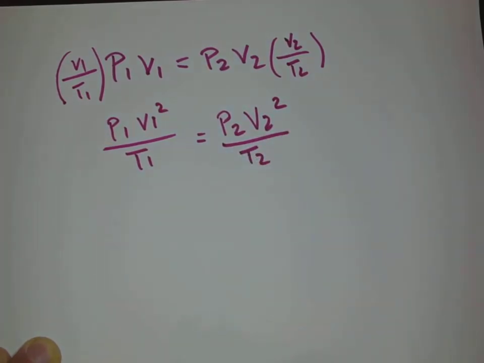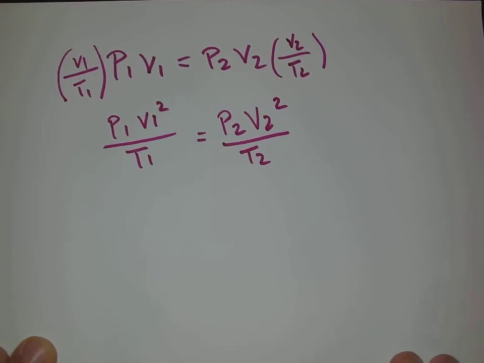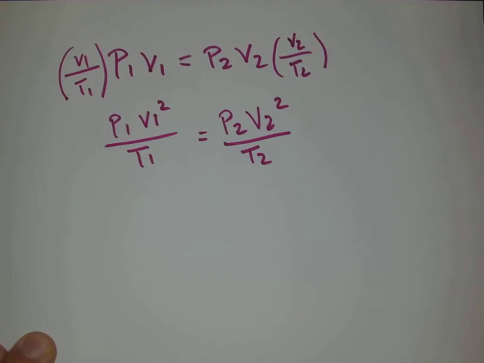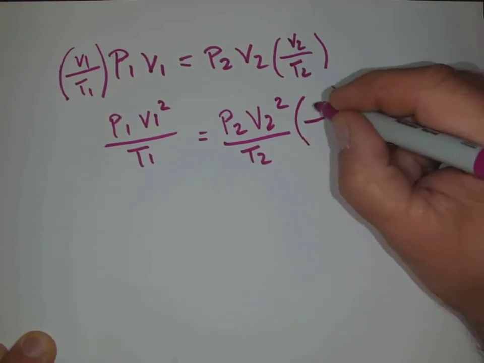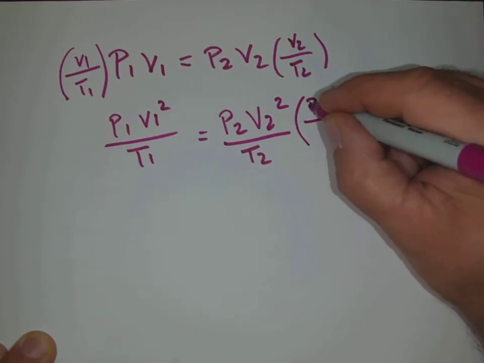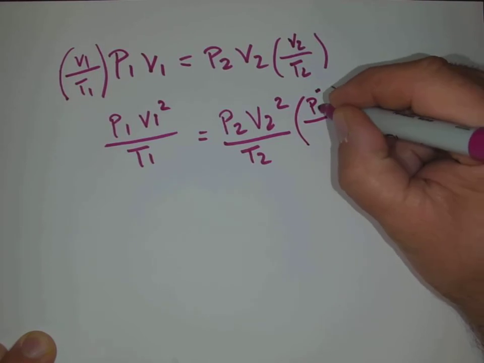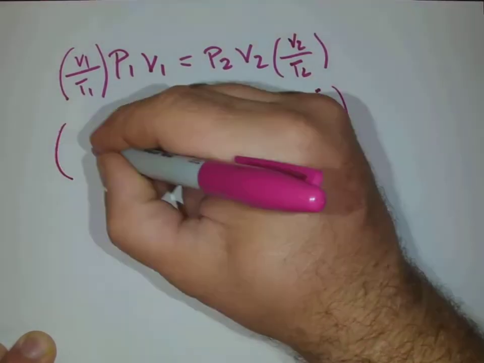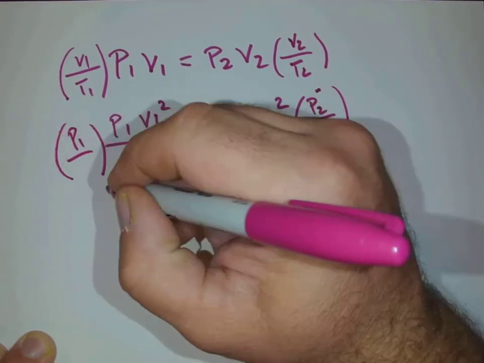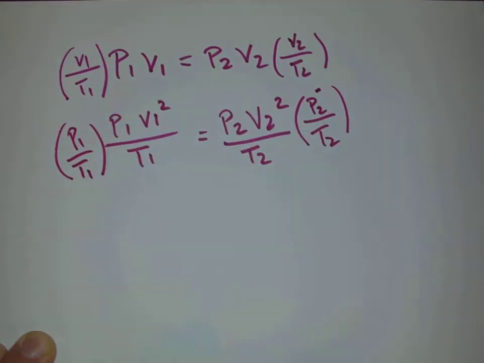Anyway, so let's multiply it now by Lussac's law, which is P2 T2, P1 T1.